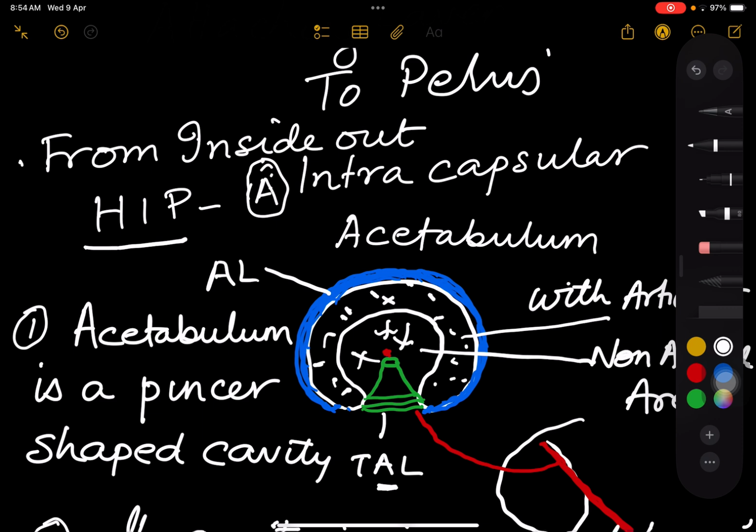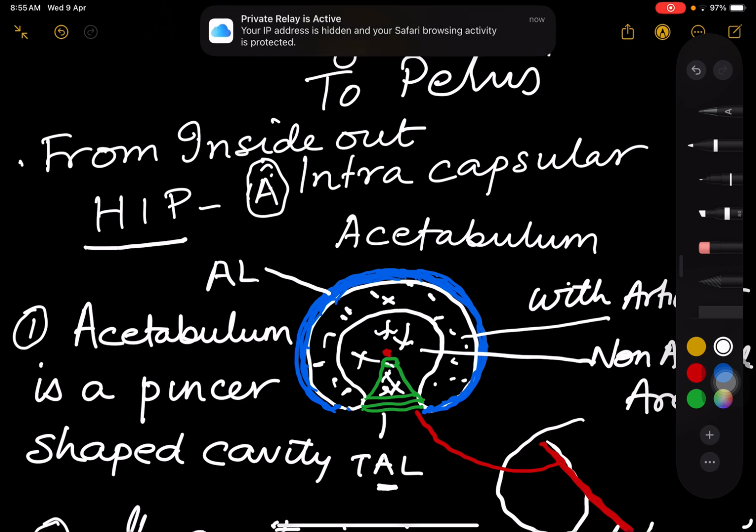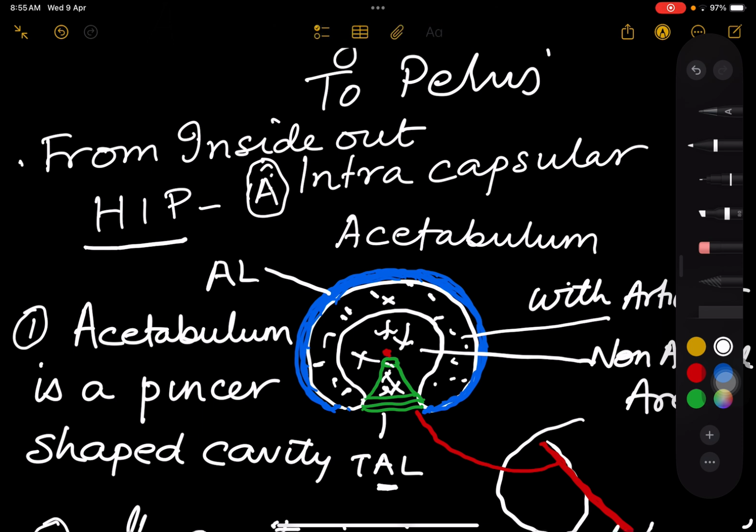Then the ligamentum teres, this one here, arises from the ends of the notch and the transverse acetabular ligament, and it goes upwards and attaches to the fovea capitis of the head of the femur. The obturator foramen will be somewhere here.